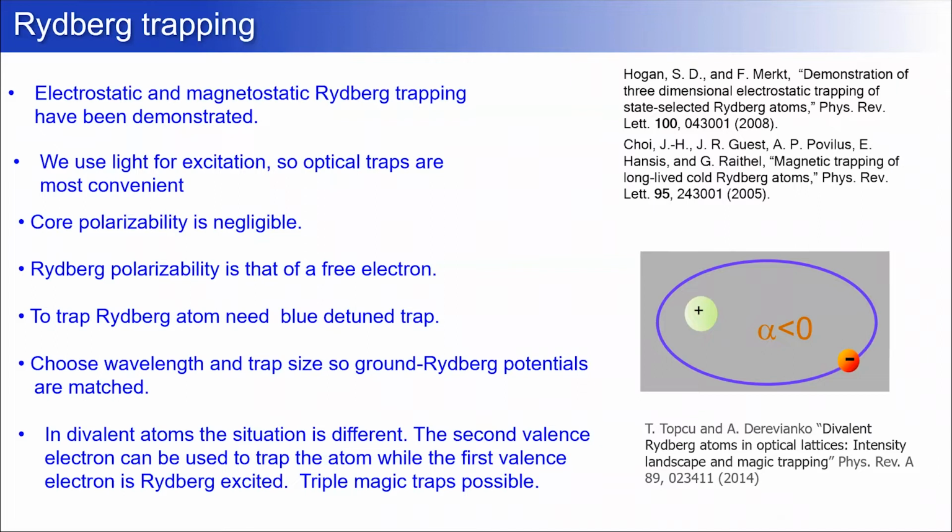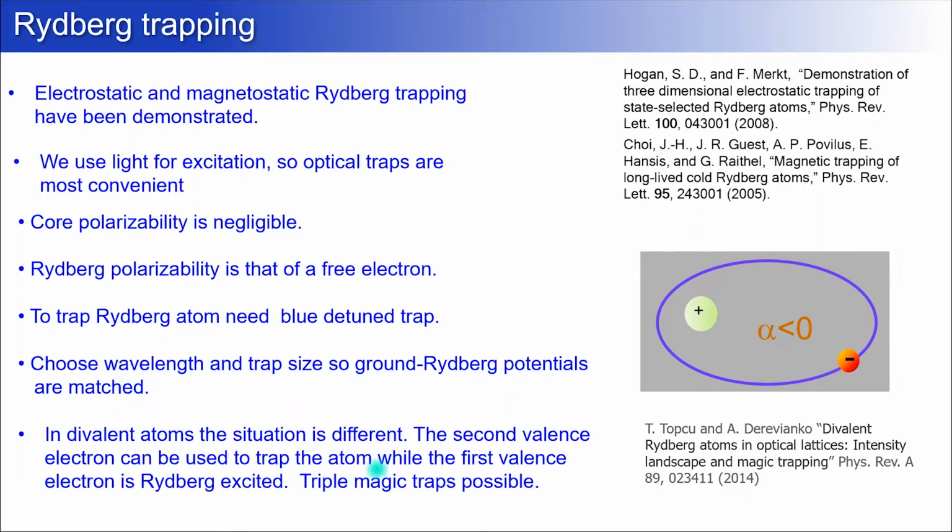And so if I want to trap a Rydberg atom, in particular an alkali atom, I need a blue detuned trap to have the same sign of polarizability for the atom in the ground state and the atom in the Rydberg state. And I should choose the wavelength and the trap size so the ground and Rydberg potentials are matched.